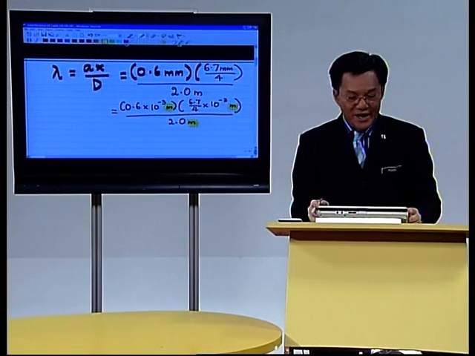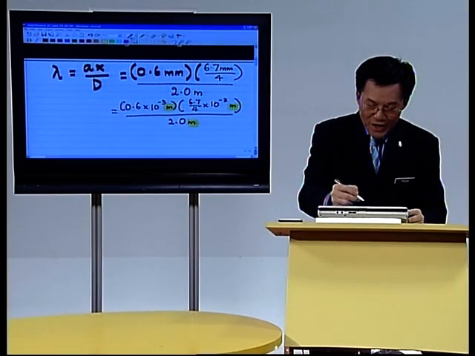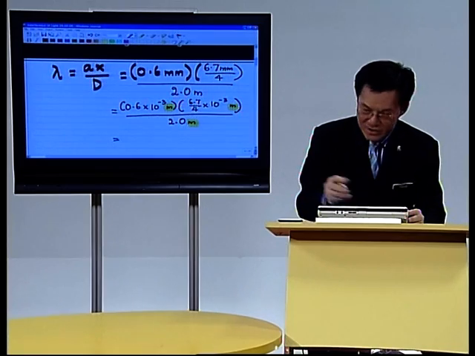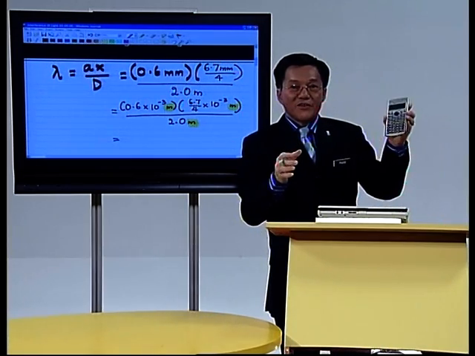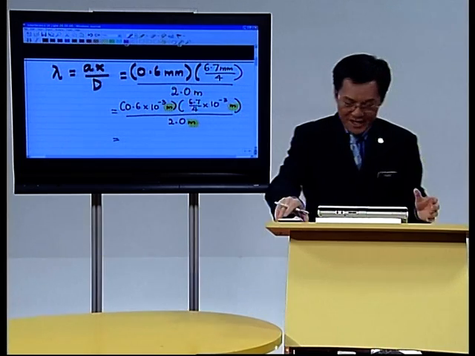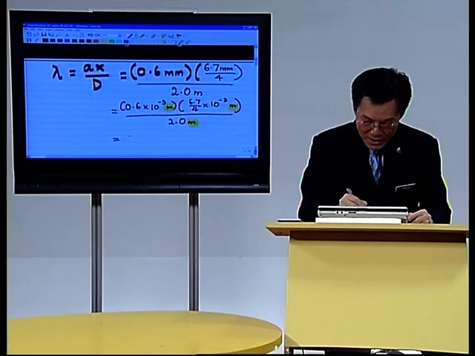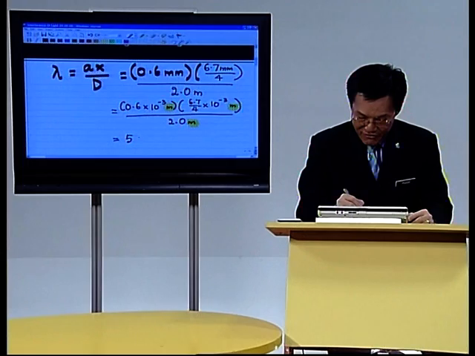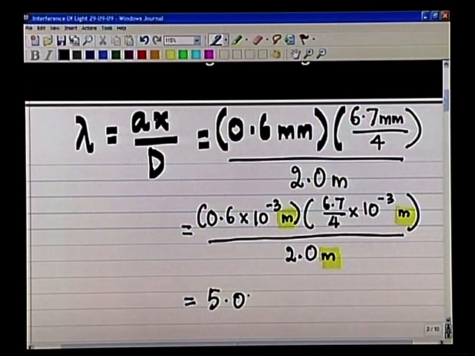You will get a correct answer. So after this, you work it out, get your calculator, be very careful, punch it 3 times, double check, triple check, and then you should be able to get your answer as 5.025 multiplied by 10 to the power of negative 7 meters.